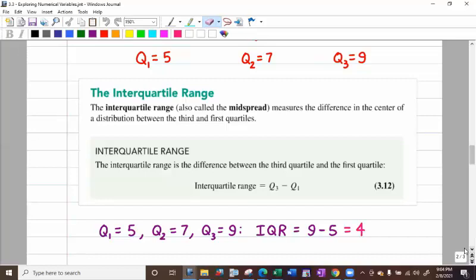The interquartile range is just defined as Q3 minus Q1. For this data set, the quartiles are 5, 7, and 9, so the IQR would be 9 minus 5, which is 4.